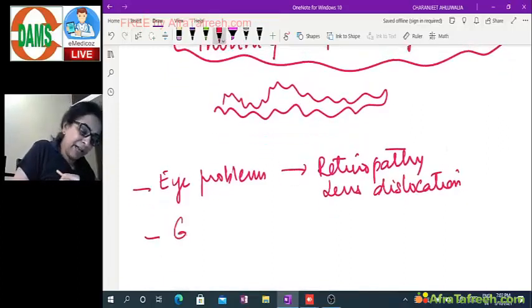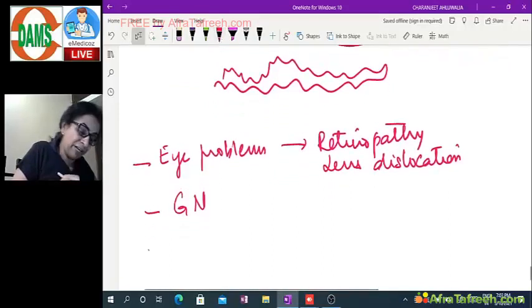So in eye problem, retinopathy and lens dislocation. Second, kidney, they have glomerulonephritis. Third, sensory neural hearing loss.